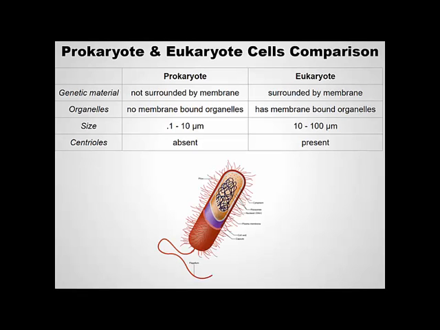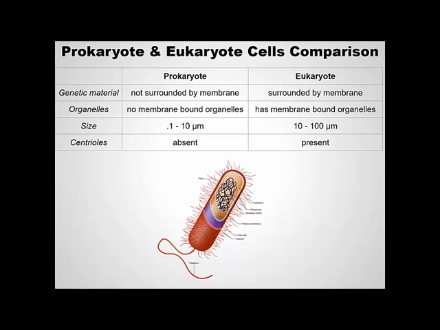So when we talk about cells, we sort of split them into two very broad categories: prokaryotic cells and eukaryotic cells. Prokaryotic cells are relatively simple cells. They are generally small, much smaller than eukaryotic cells.